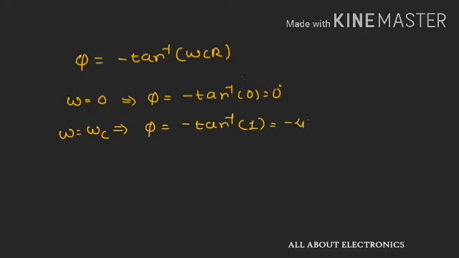So at cutoff frequency the value of phase will be minus 45 degree. And now if we go to omega equal to infinity, then phi is nothing but minus tan inverse of infinity, that is nothing but minus 90 degree.